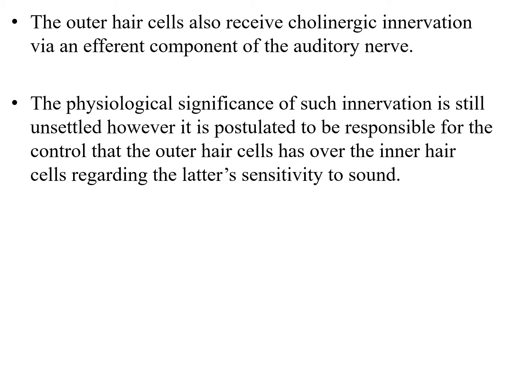The physiological significance of such innervation is still a bit unsettled, but it has been postulated that this innervation is responsible for the control that the outer hair cells have over the inner hair cells regarding the latter's sensitivity to sound.